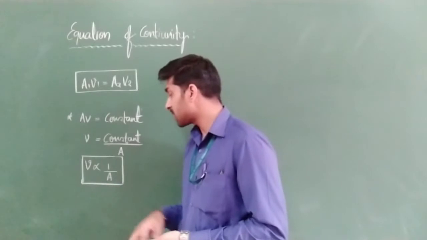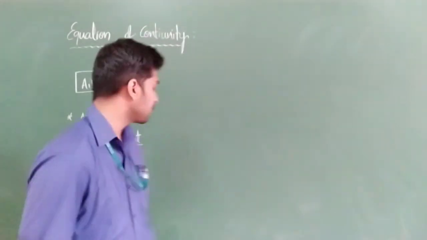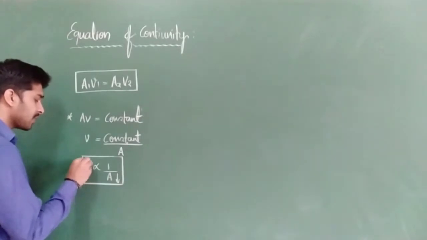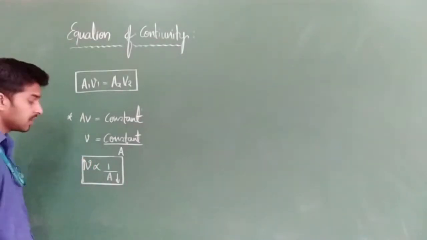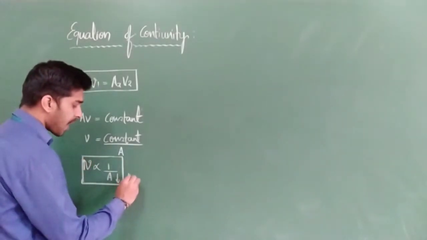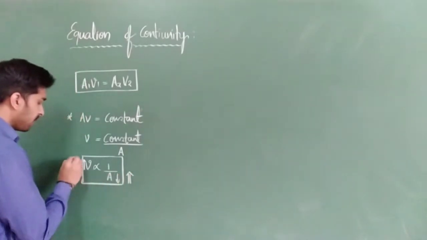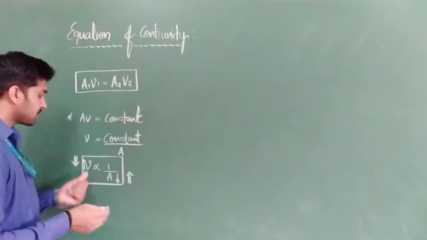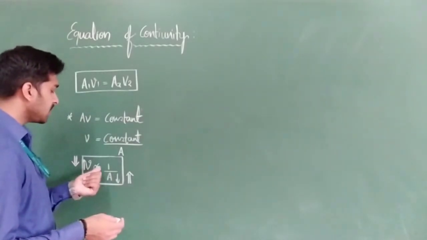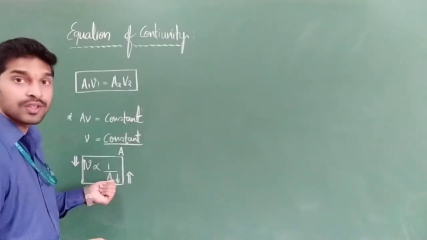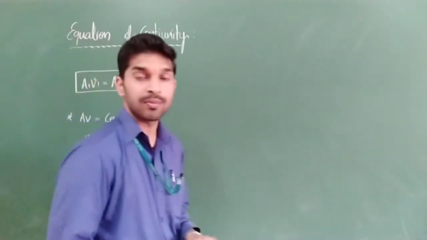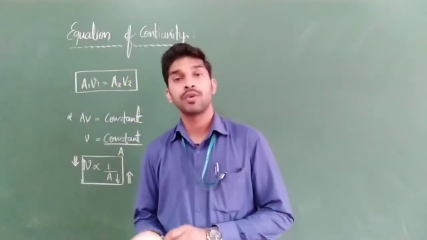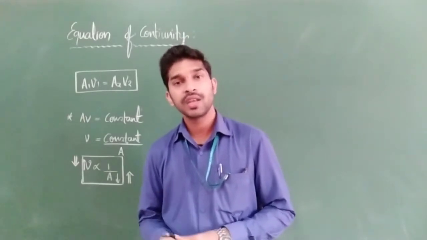If the A value becomes minimum, the V value has to become maximum. Clear? If the A value becomes maximum, the V value has to become minimum. So that's why velocity is inversely related with area A. That means if the cross-sectional area is very small, then the fluid velocity will be very high.